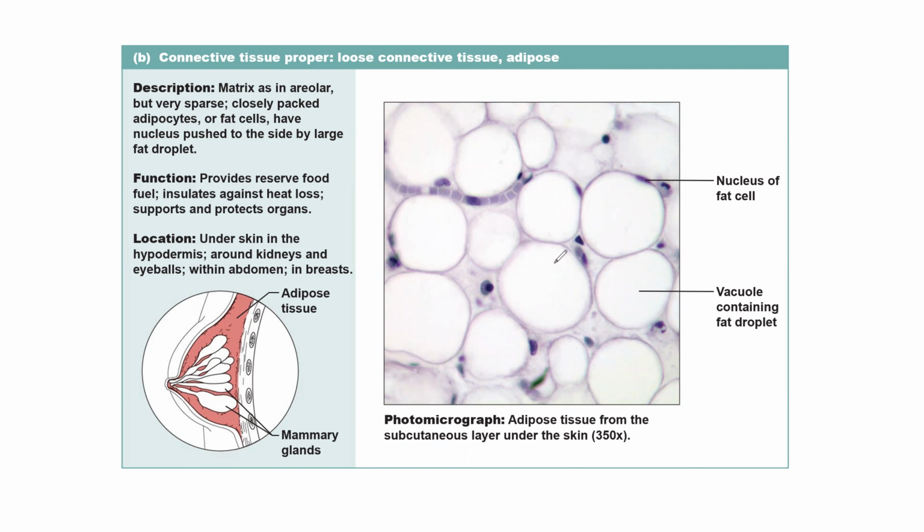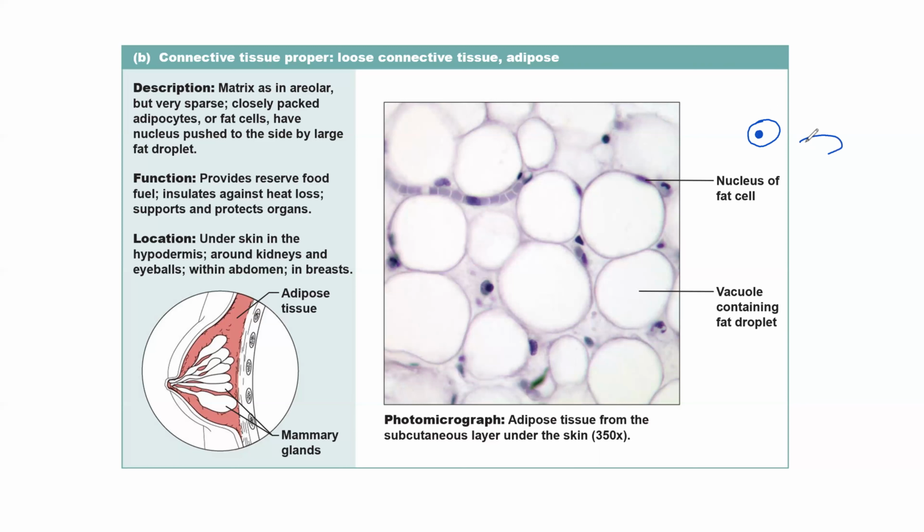Now, remember I told you one of the characteristics of connective tissue is that cells are further away from each other. They are not connected. However, adipose tissue is an exception to the rule. But you can imagine you would have small adipocyte cells, right?